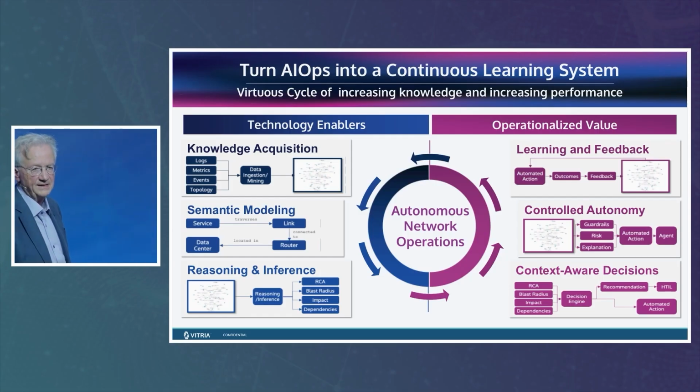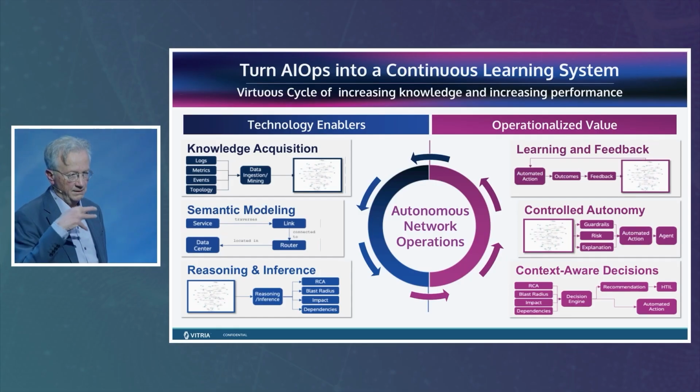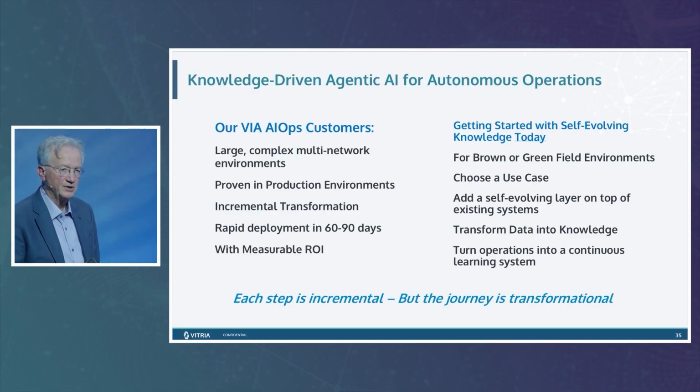And then finally, we have in the system a way of feeding back the truth versus what was predicted, so we can learn from that. So we have a continuously learning system. So now we can move to a knowledge-driven agentic AI that would empower more powerful autonomous operations. And the one nice thing about this, we're talking about a layer on top.